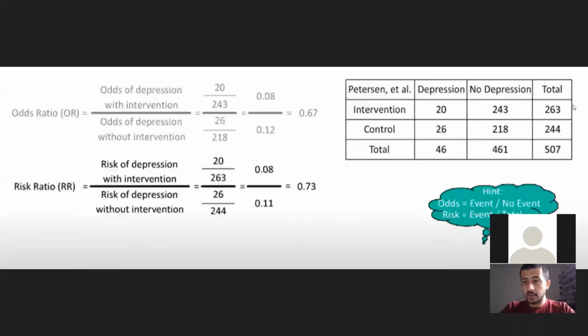Is that clear? The total means something in cohort studies because cohort studies are representative and the total is the population. But the total in odds ratio, I mean in case control studies, doesn't mean anything. 20 cases with rheumatoid arthritis and 20 controls, the total is 40, and this 40 means nothing.